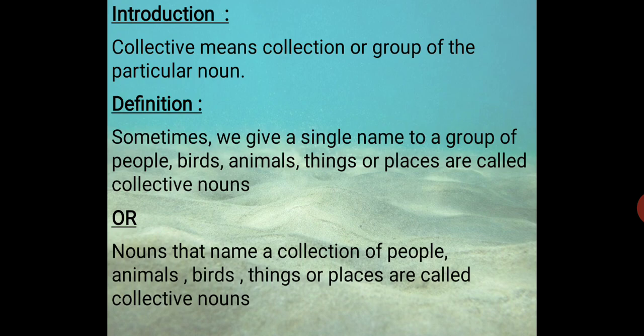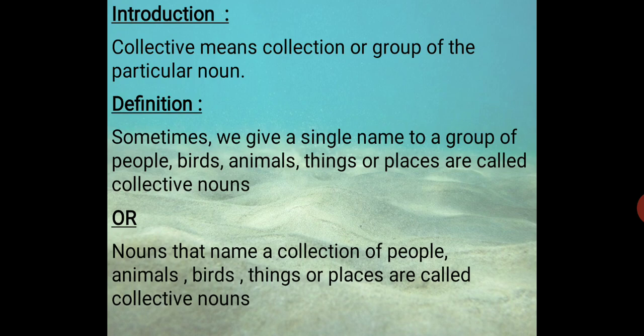It means whenever you find a group or collection of particular things, some animals, things, anything else, you can call them with a single word, and that single word is called the collective noun.